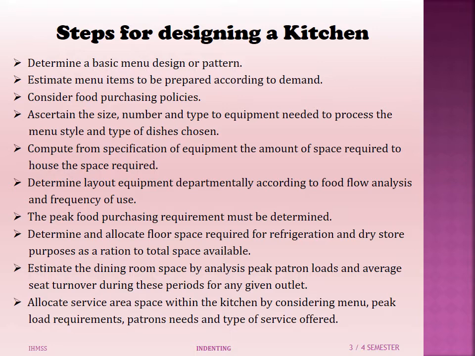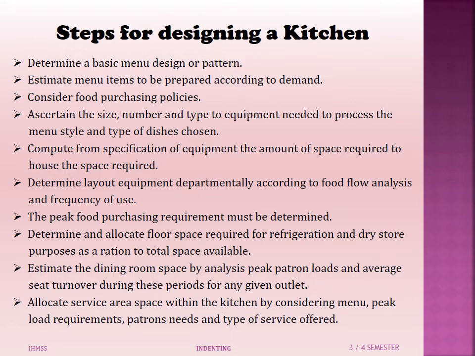Number 6, determine layout of equipment departmentally according to food flow analysis and frequency of use. Number 7, the peak food purchasing requirement must be determined. Number 8, determine and allocate floor space required for refrigeration and dry storage purposes as a ratio to total space availability.